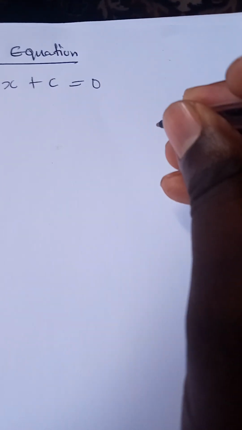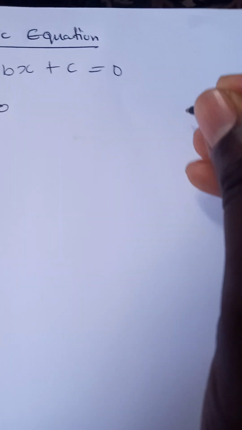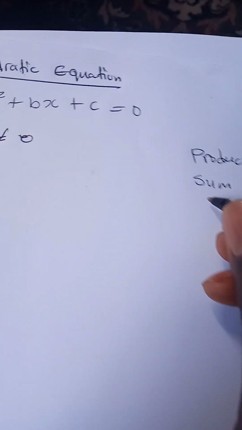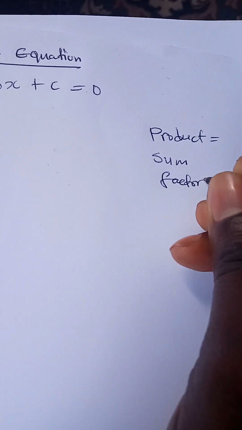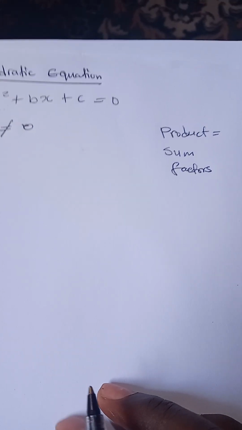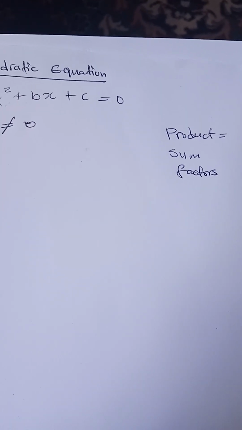We have to define the product. We also have to define the sum, and we have to define the factors. So how do we find the product? Finding a product means we are multiplying factors.